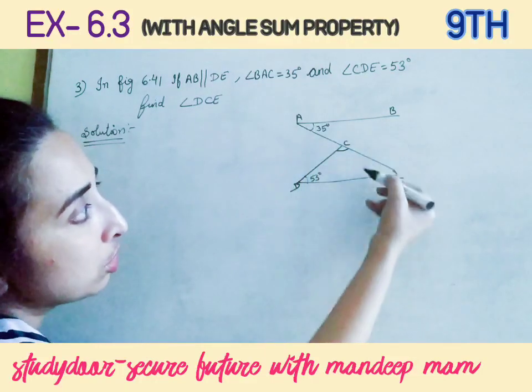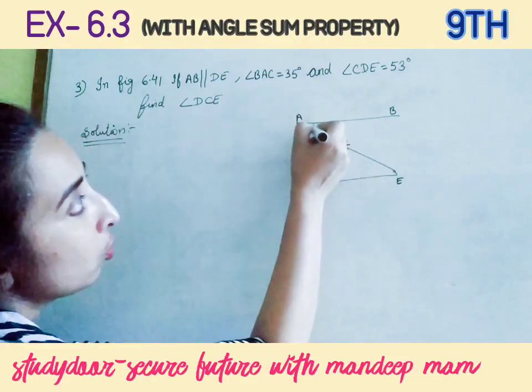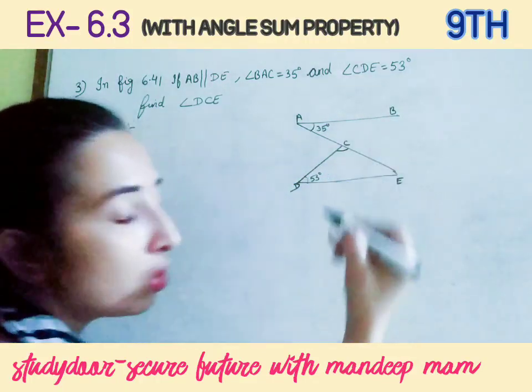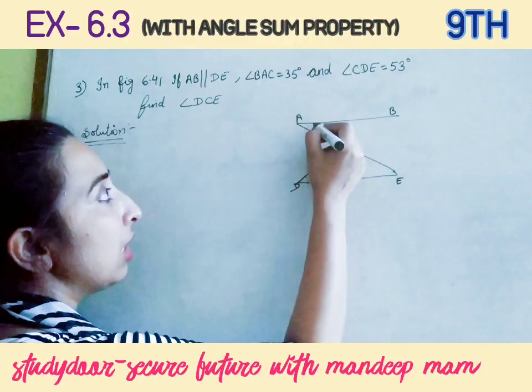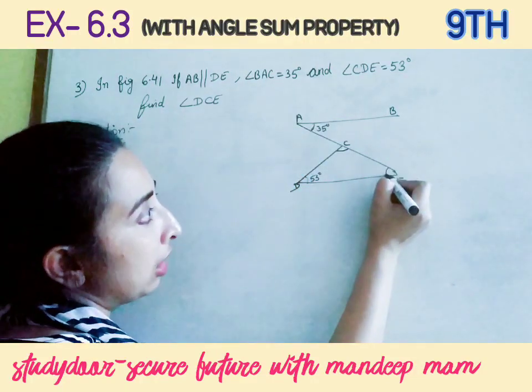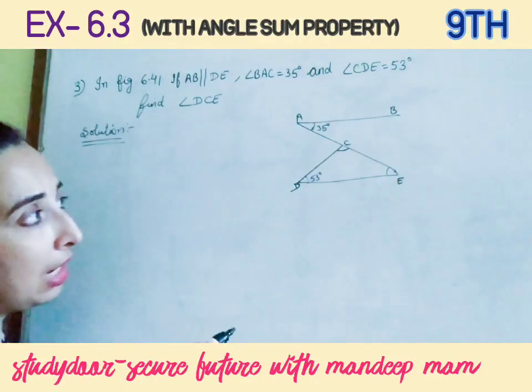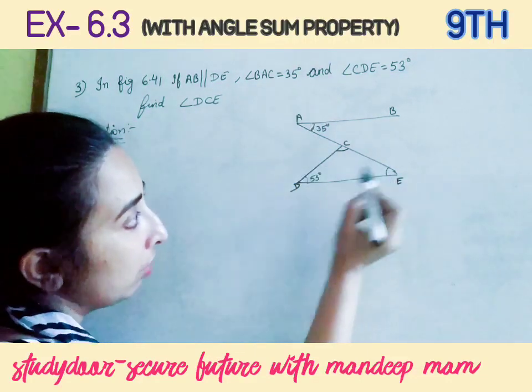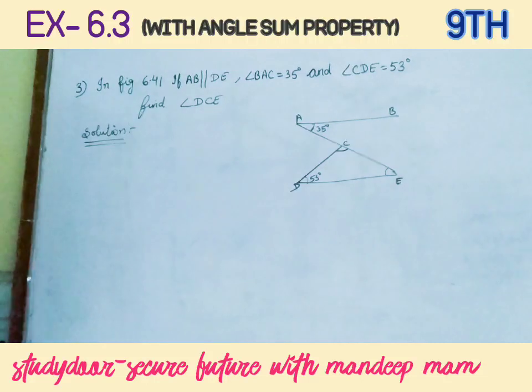Look at this picture. Two lines are parallel, that is AB is parallel to DE. So angle A is equal to angle E, which are alternate angles. If angle A is 35 degrees, then angle E will be 35 degrees.